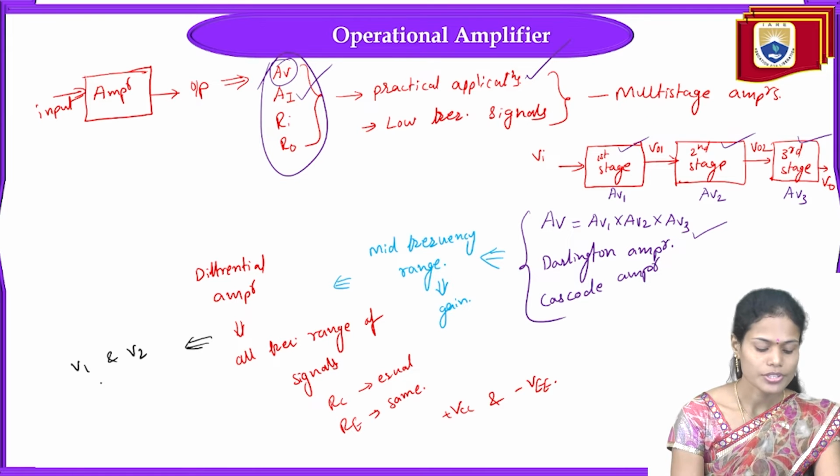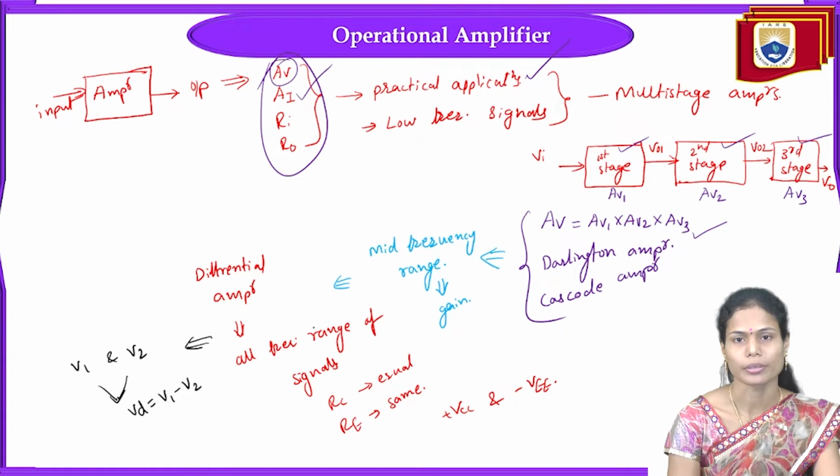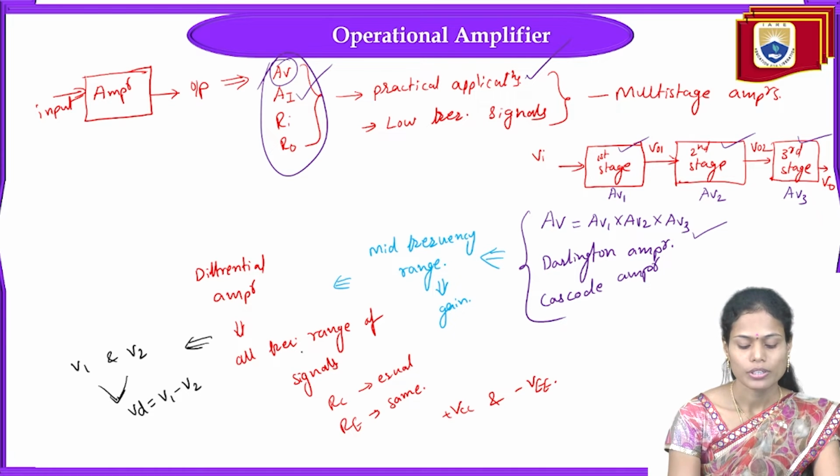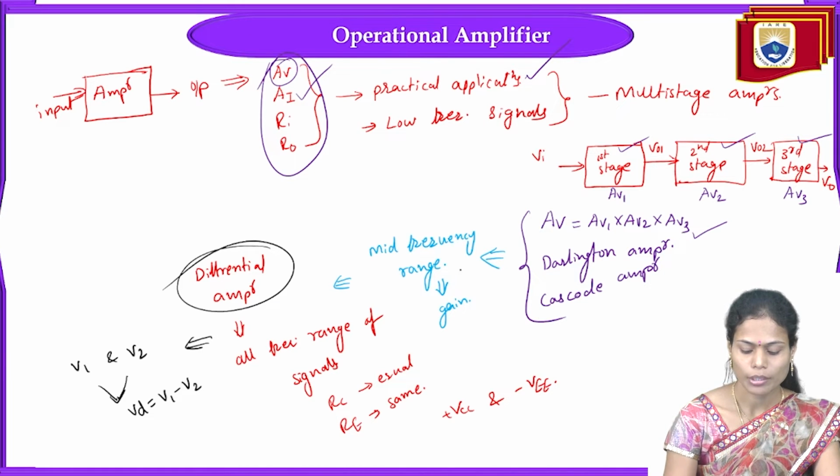So it can amplify the differential voltage that comes from the difference of the two applied input signals here. VD equal to V1 minus V2. So it will amplify the differential voltage that we provide to the input stages of the amplifier. And one more thing, it can amplify all frequency range of signals.